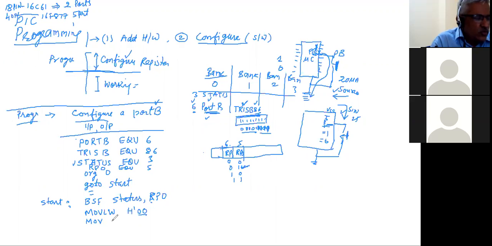Move W into the register file F, and the name of the file is TRISB.